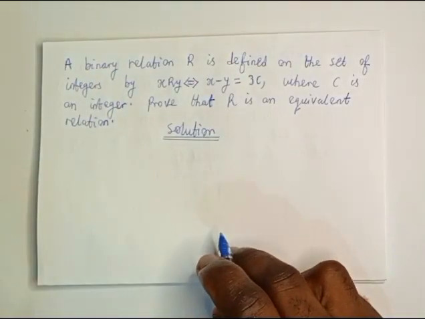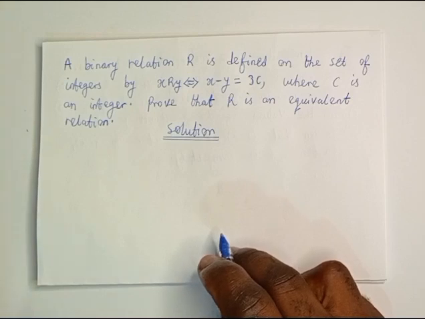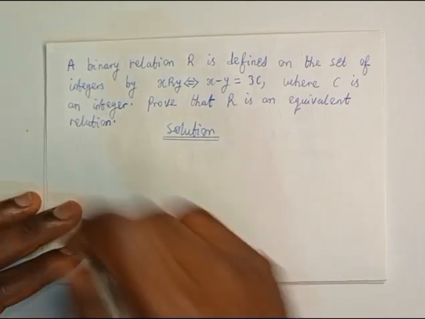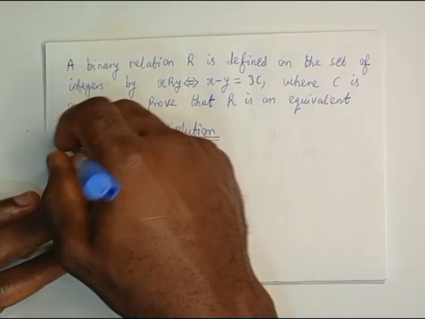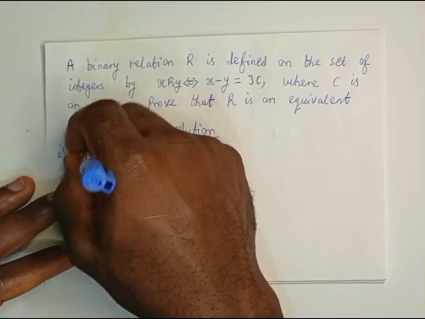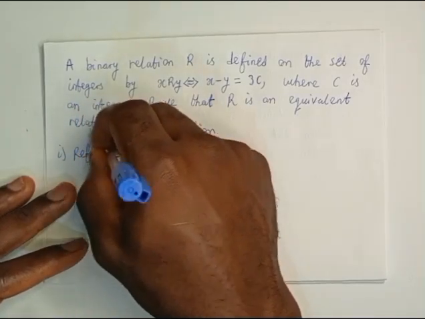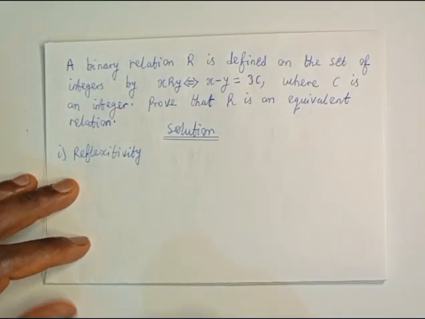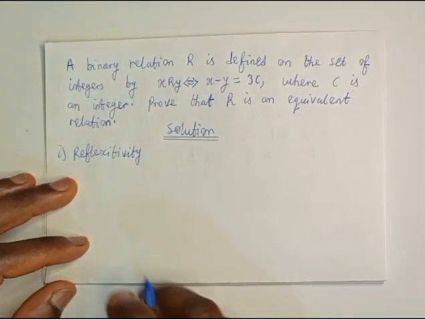For us to prove that R is an equivalence relation, we have to prove that R is reflexive, symmetric, and transitive. We take the first property, 1, reflexivity. We have to show that R is reflexive.